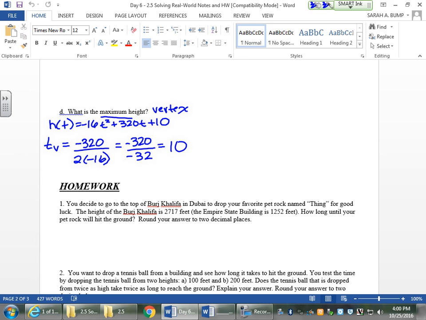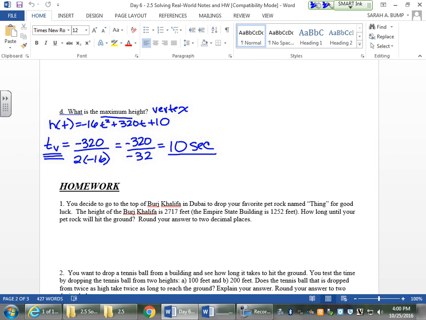Just to reiterate the work I just showed, I labeled this as T to help me remember that this number is talking about seconds. So it takes 10 seconds to reach the maximum height, but that's not what the maximum height is. To find it, we're going to go ahead and sub that in.